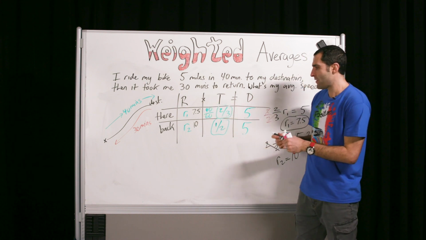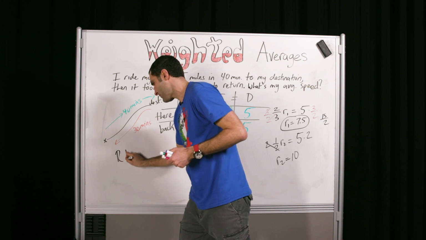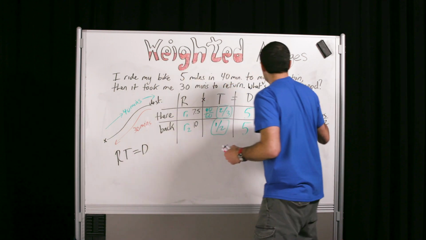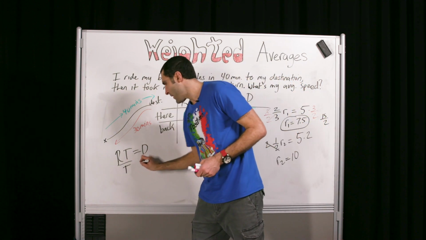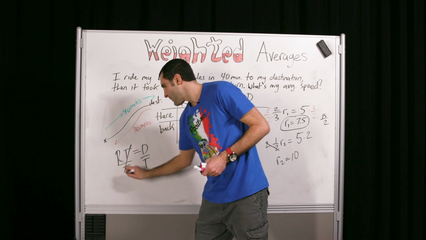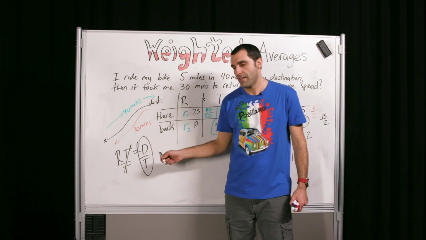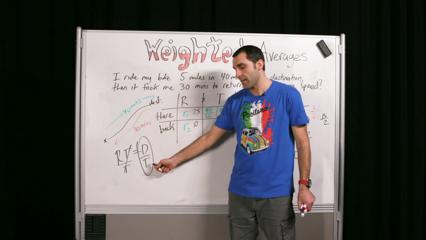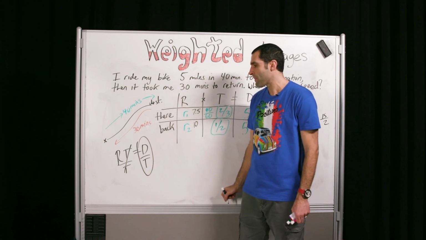If r times t equals d, since I want a speed, let's get r by itself by dividing by time. So essentially, the rate will be the total distance over the total time it took to get there.